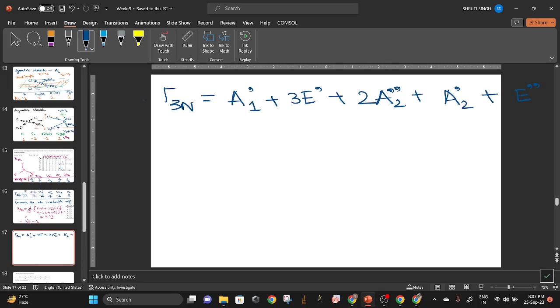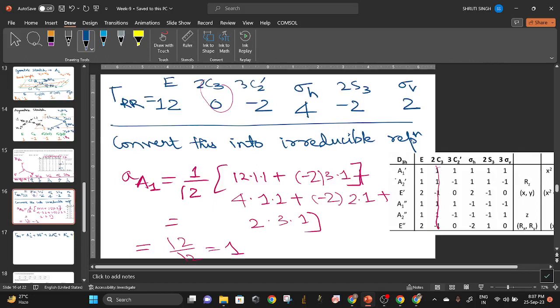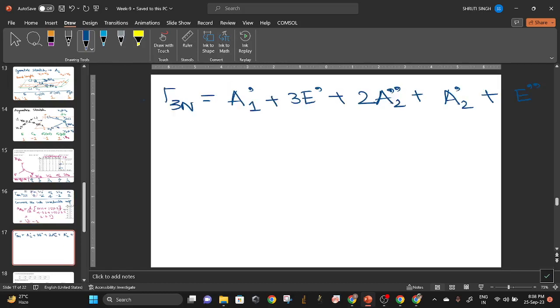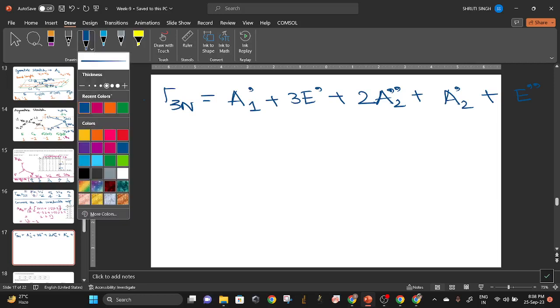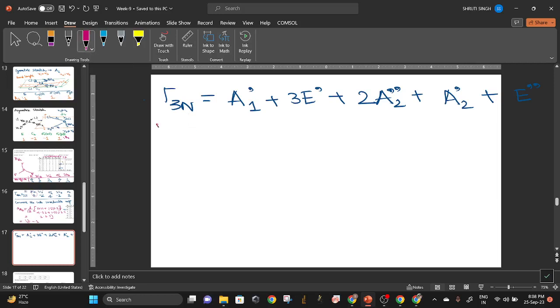So we have 6 modes here: 1 2 3 4 5 6. For E dash, the contribution will come out to be 0. A2 dash, so we will get only these 5. Now subtract the translational part.